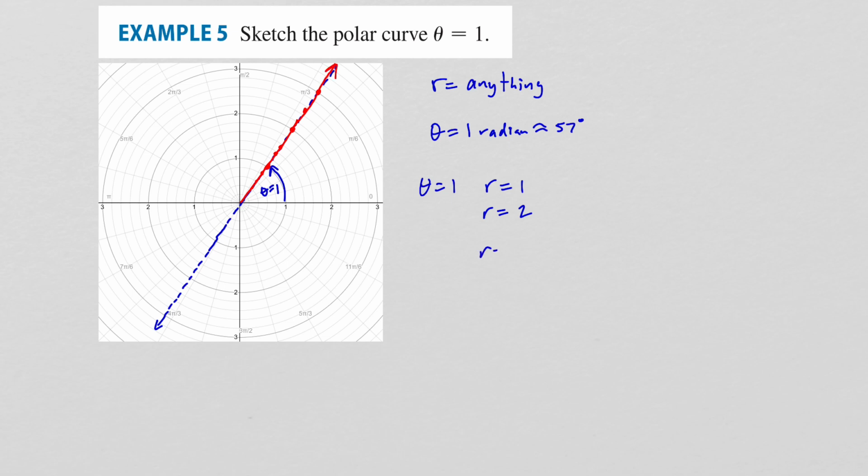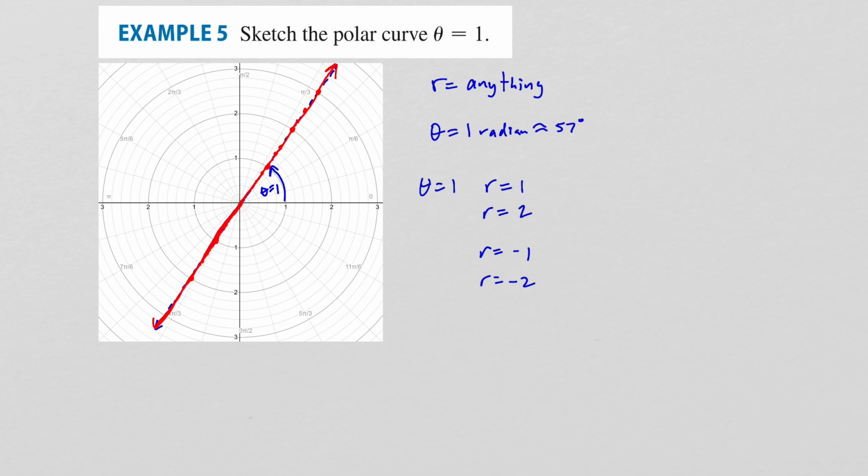But r could also be negative. What if r is negative 1? Then you would still go in this direction for the angle, but when you get r equals negative 1, you have to travel in the opposite direction 1 unit. And if r were equal to negative 2, you would go in the opposite direction 2 units, and all those negative r values would end up filling in this side of the line.